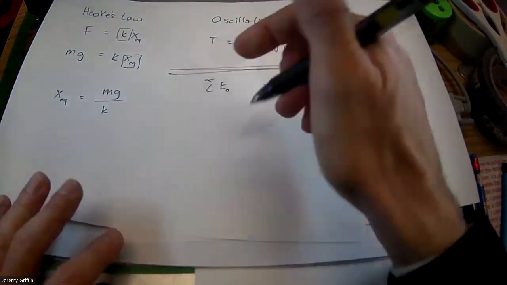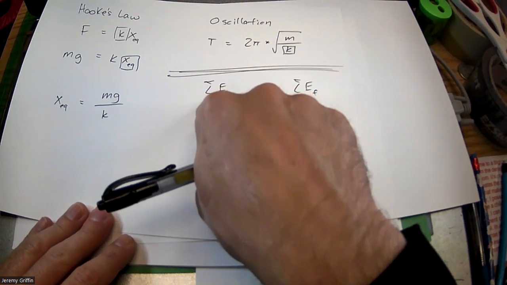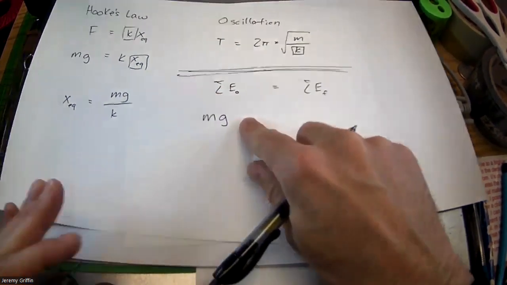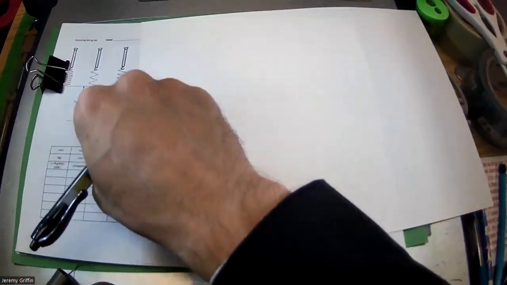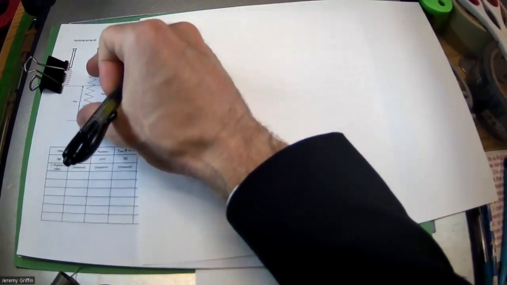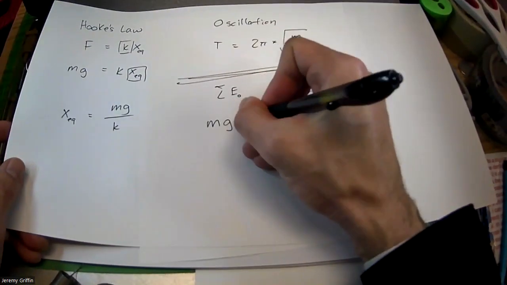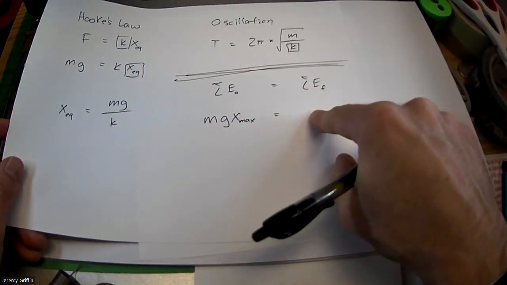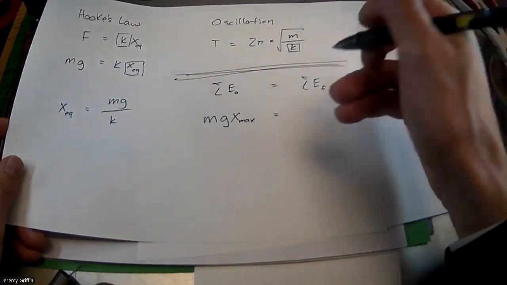So what did you guys put for this part? mgh. But instead of h, isn't h like the maximum stretch? If you define height 0 down here, you're right, it would be mgh, but instead of h, I'm going to say x max. mg x max. And then what did you guys put for this term? 1/2 kx squared.